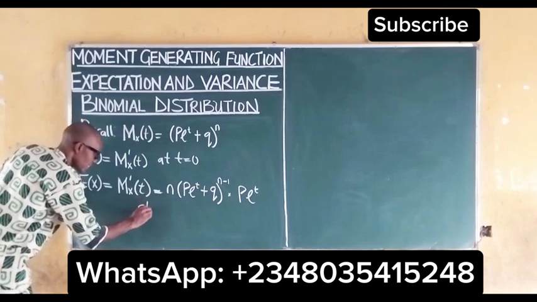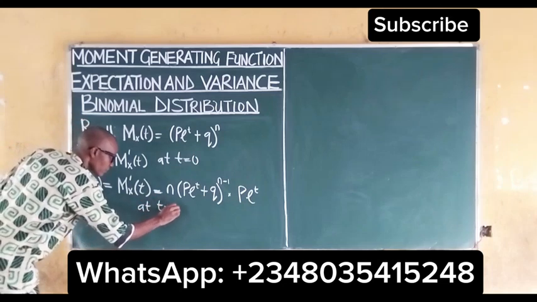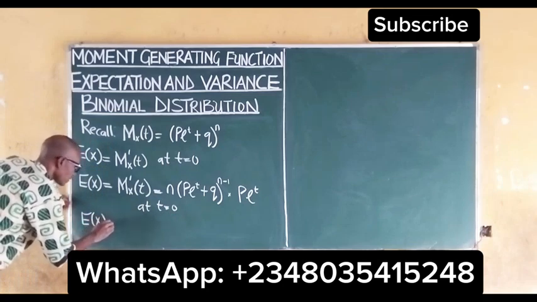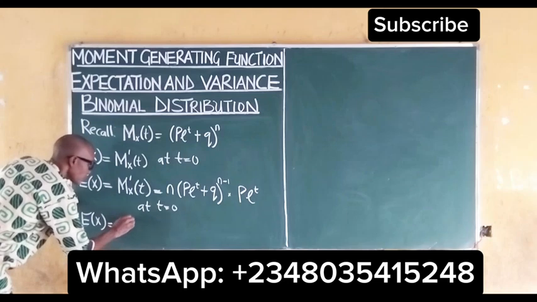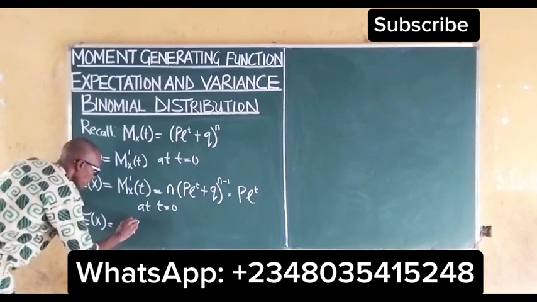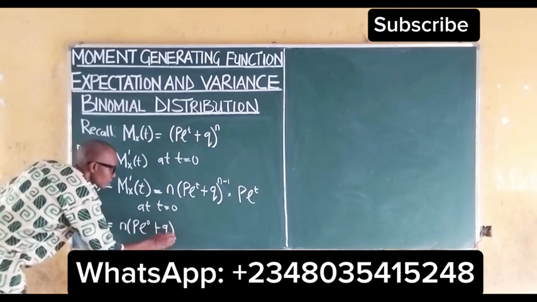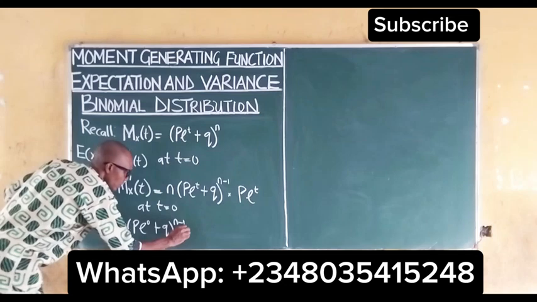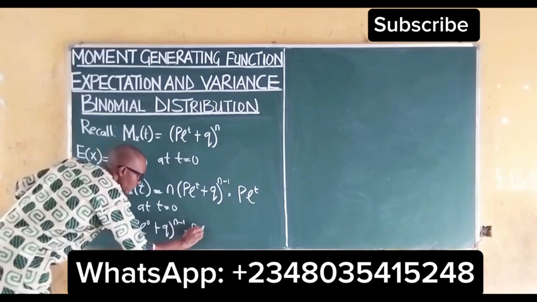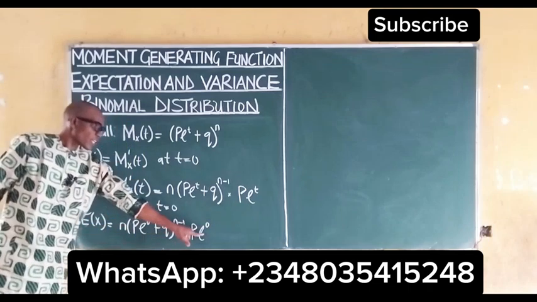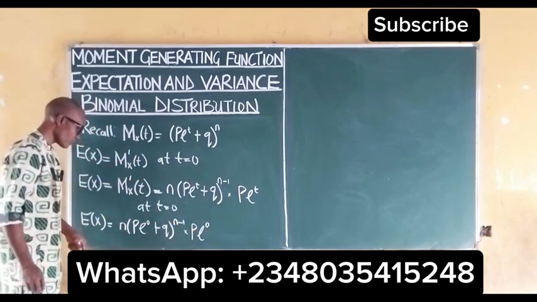Now, at t equal to 0, our expected value of x will be equal to n into p. Anywhere we see t, we put 0: plus q raised to the power of n minus 1 multiplied by p e raised to the power of 0. That means exponential 0.